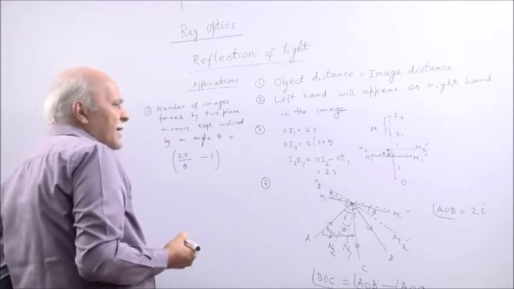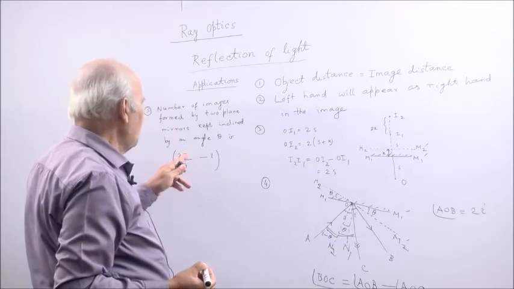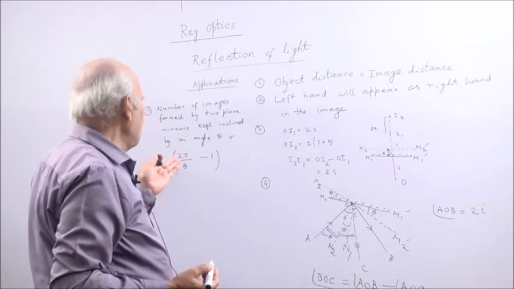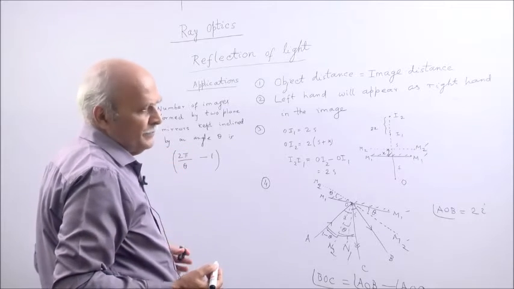Here theta will be in radian, because 2 pi is radian. If you don't want radian, then it will be 360 degree by theta degree, minus 1.